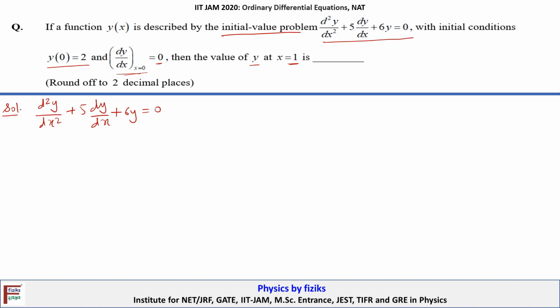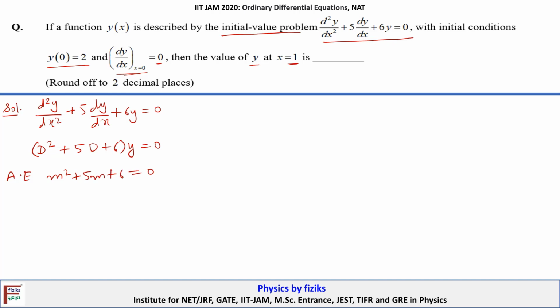Now this differential equation can be written in operator terms by substituting dy/dx = D and d²y/dx² = D². Then the equation can be written as (D² + 5D + 6)y = 0. Now by substituting D = m, we can write the auxiliary equation as m² + 5m + 6 = 0.